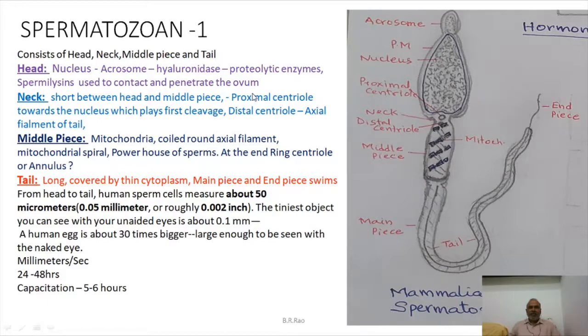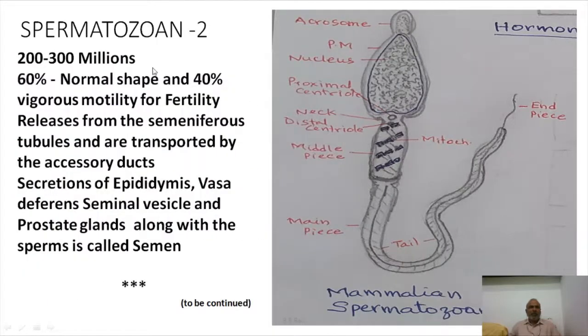Okay friends, this is about the spermatozoa. What is the number of sperms that are given out by the father? In a single ejaculation of semen, 200 to 300 million sperms are ejaculated.